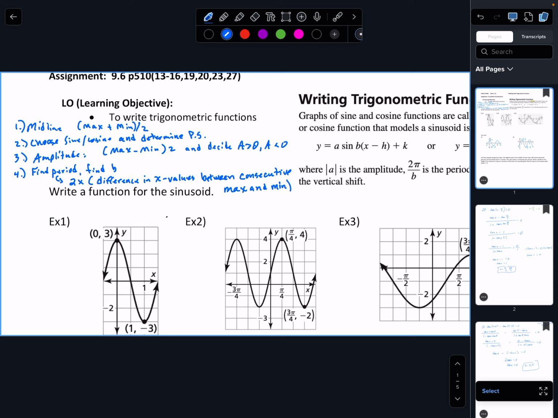The period we're going to find by looking at, find a max and a min, look at the x values, subtract them, absolute value of their difference, and double it. And I'll talk about that. And that'll be how we get the period from the graph.